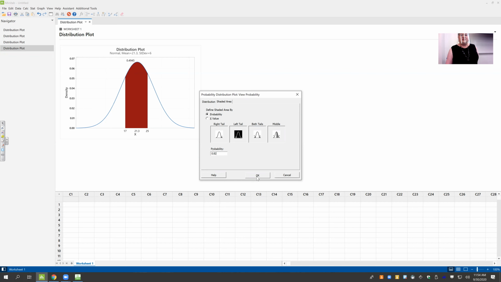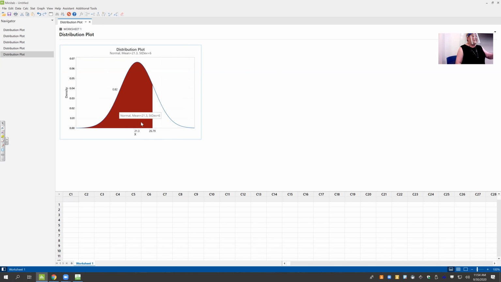So if a student scored approximately 27 on the reading ACT, they would be considered in the 82nd percentile. You can think about it as an 82% chance that someone is going to score below 26.79, or below 27.